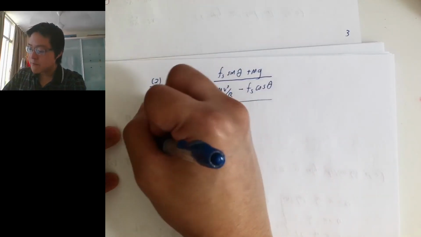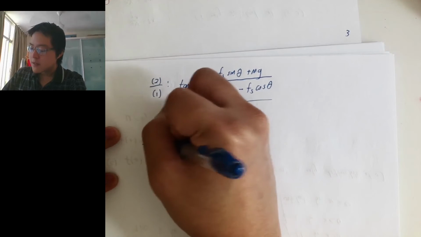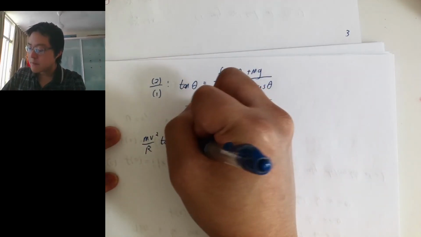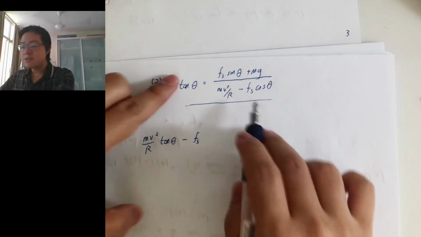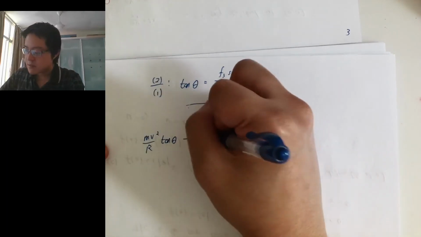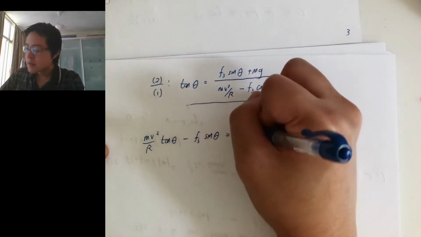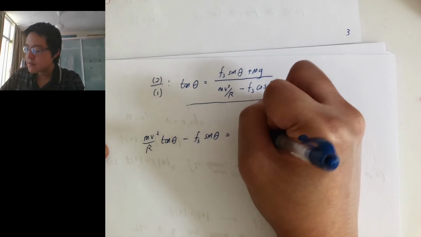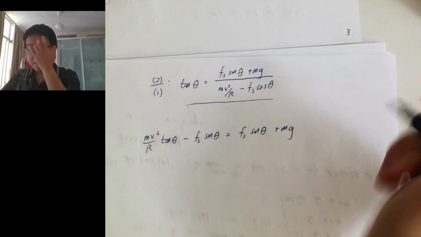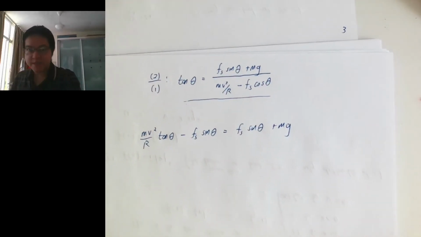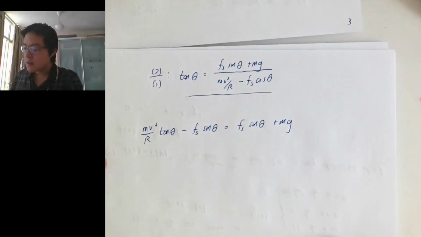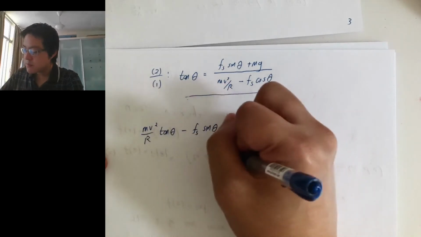So I got mv squared over r tangent theta minus Fs, tangent times cosine is sine, right? And then I got Fs sine theta plus mg. Okay, so I hope I did not do any mistake here. So if I times everybody, yeah, so let me just bring this over first.